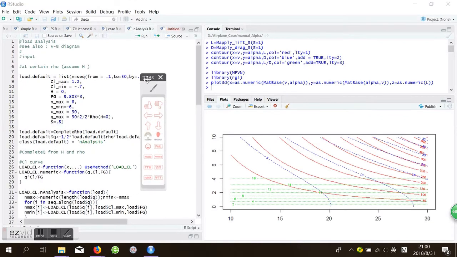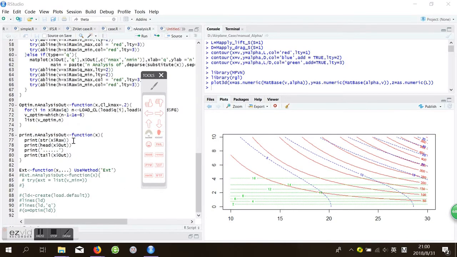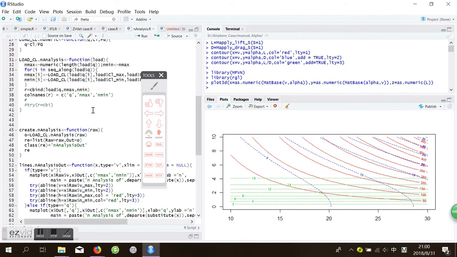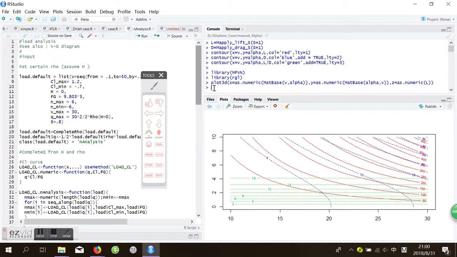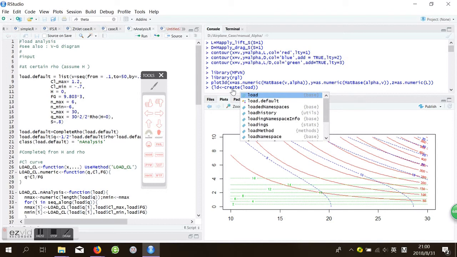So that's load default. We haven't got a real case study for this one, so it's just to demonstrate. Let's just create a load default, named LD.